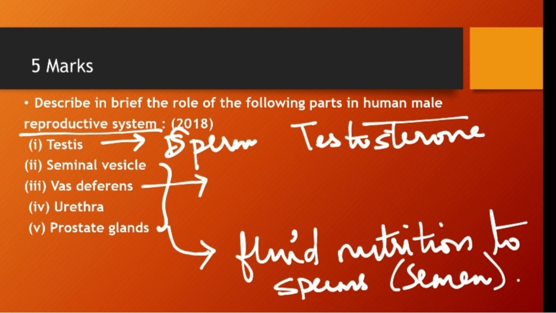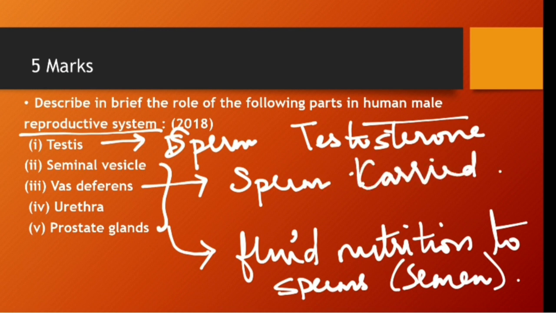Then the vas deferens. The vas deferens is a tube-like structure which carries the sperms. The urethra is a part of the excretory system, but in males it also comes under the reproductive system.